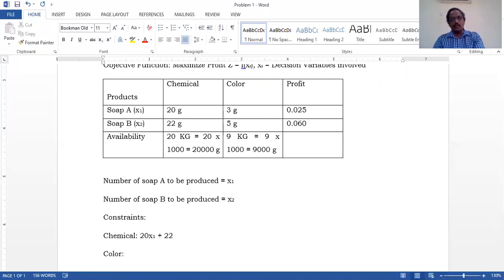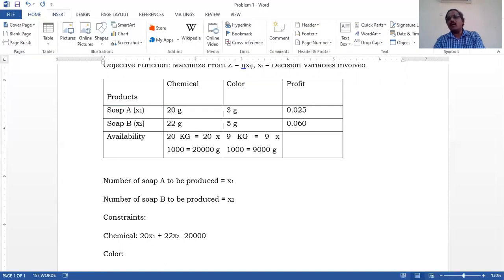So this is 22 x2. 20 x1 plus 22 x2. How much is it given? It is given 20,000 grams. But we cannot write equal because it is available maximum. So for maximum, we are going to use the symbol less than or equal.